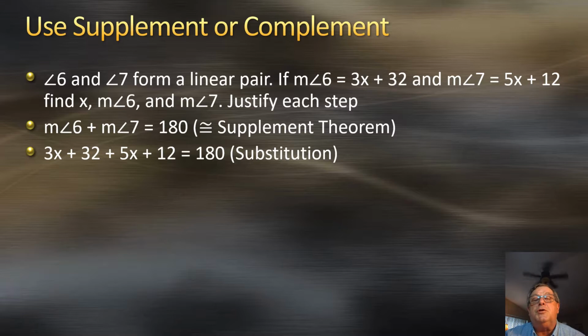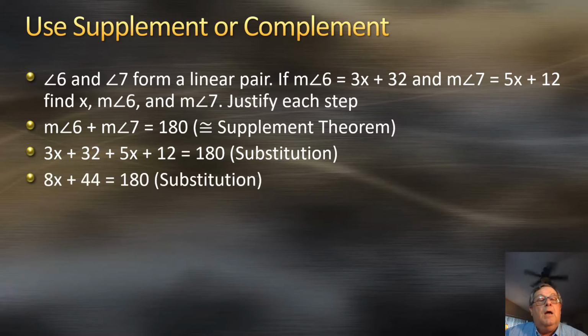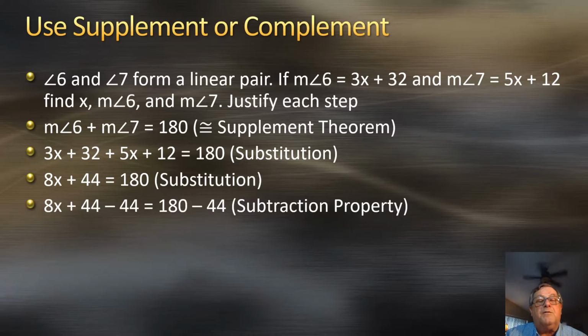That's substitution, substituting in what the measures of angle 6 and angle 7 were. Now we're combining like terms, so I got 8x plus 44, the 3x plus the 5x, and the 32 plus the 12, equals 180. That's also substitution. What do you think we're going to subtract next? So we get 8x plus 44 minus 44 equals 180 minus 44.